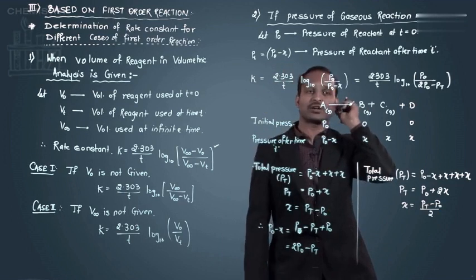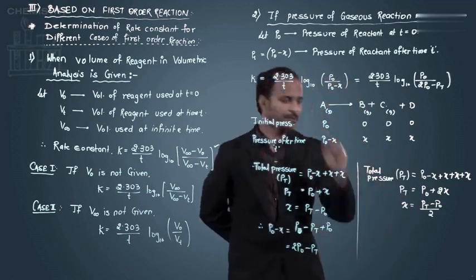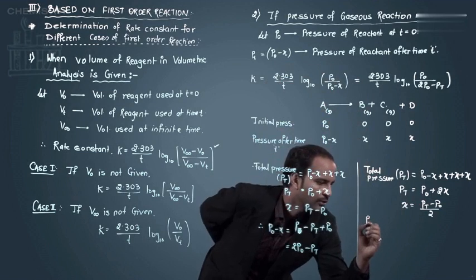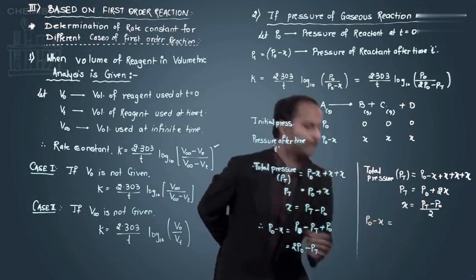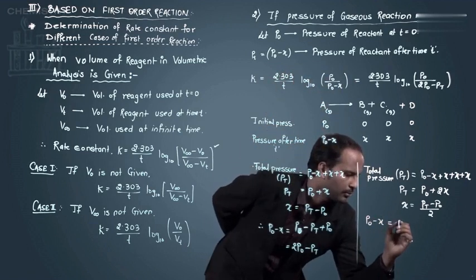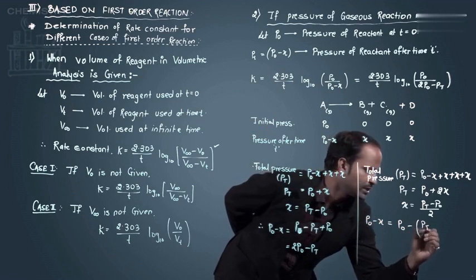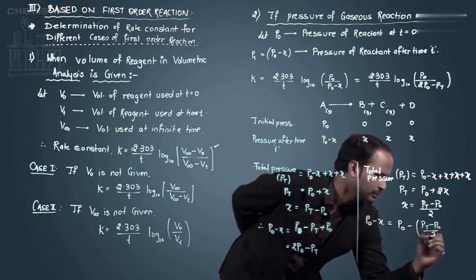So instead of X now I will substitute (PT minus P naught) upon 2. So P naught minus X will be equal to P naught minus (PT minus P naught) upon 2.